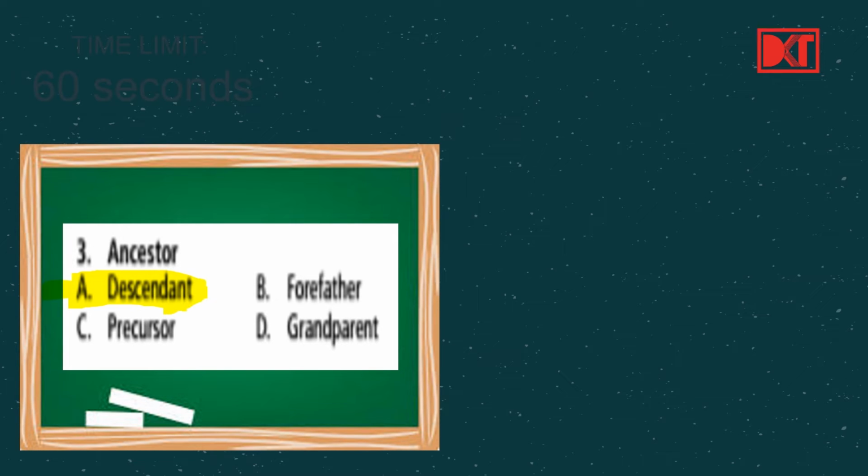Now a descendant refers to the generation that comes after you. For example, let's make a family chart. For example, your grandfather and grandmother, and your father and your mother, then it comes you plus your sibling.